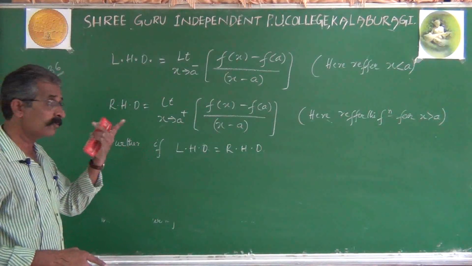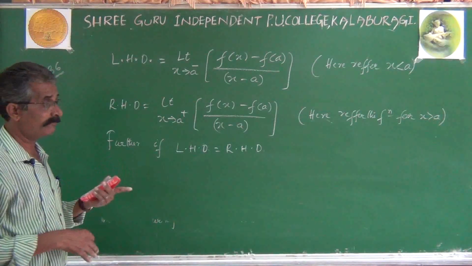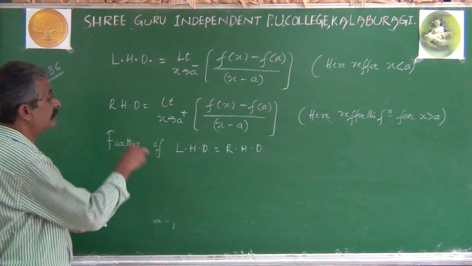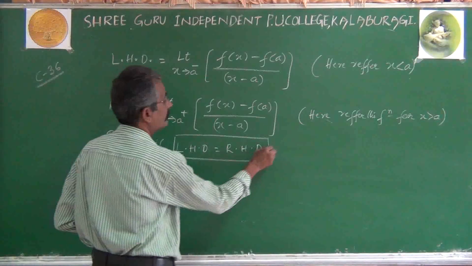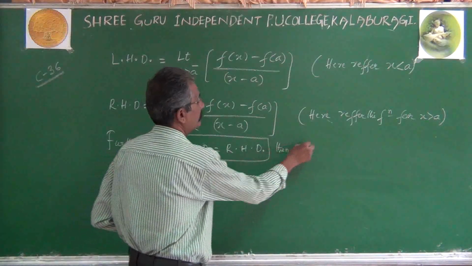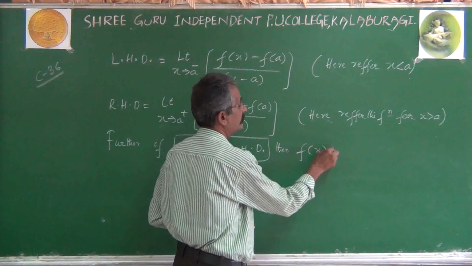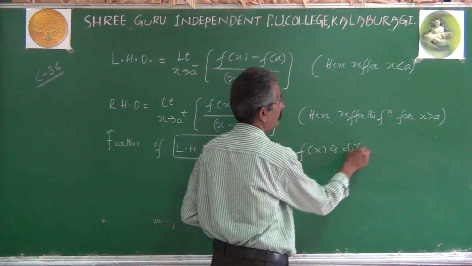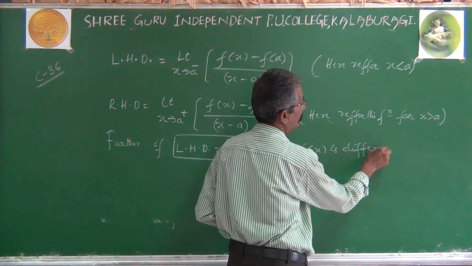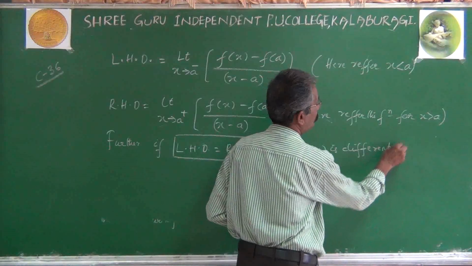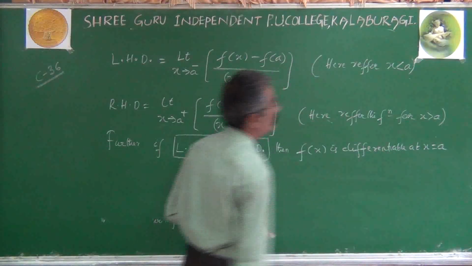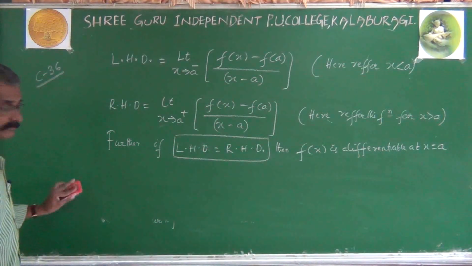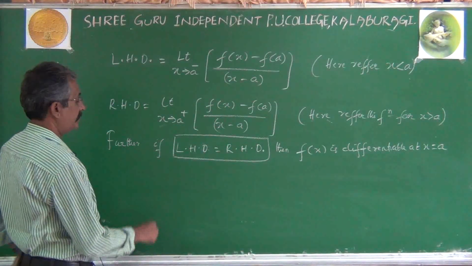But here, equal to f of a or not equal to f of a does not matter. Further, if LHD equals RHD, then f of x is differentiable at x equal to a.